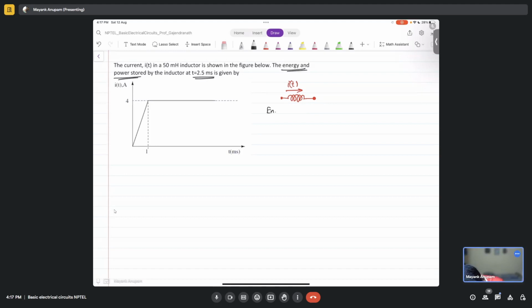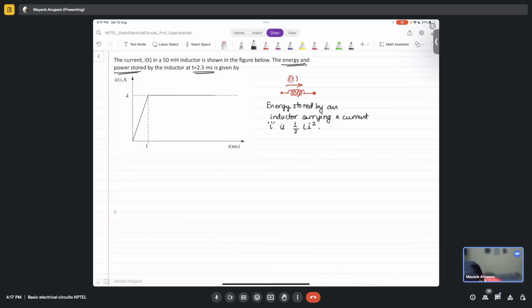So the energy stored by an inductor carrying a current I is half L into I square, right? So what is the energy here?